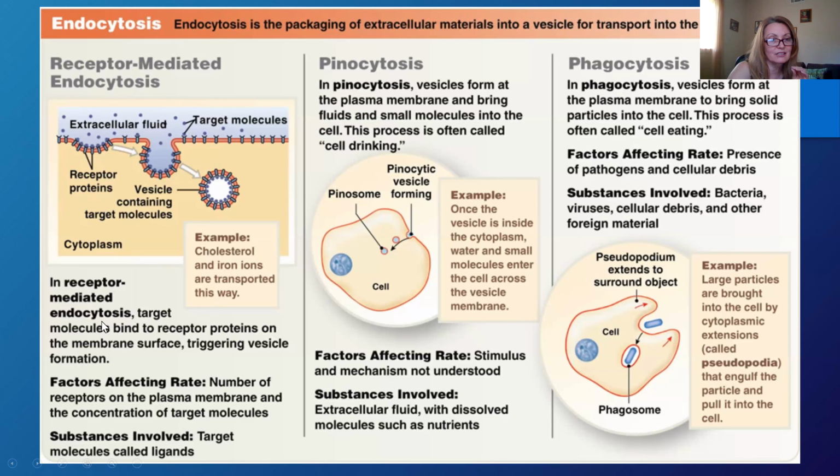So the target molecules bind to the receptors, and those are receptors on the protein. So it's a receptor protein on a membrane, and this triggers vesicle formation. These molecules that bind to receptor proteins are called ligands. An example would be cholesterol and ions that are moved inside cells through receptor-mediated endocytosis. So that's our active transport.